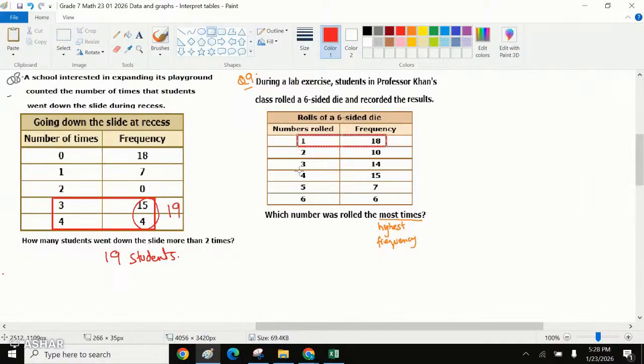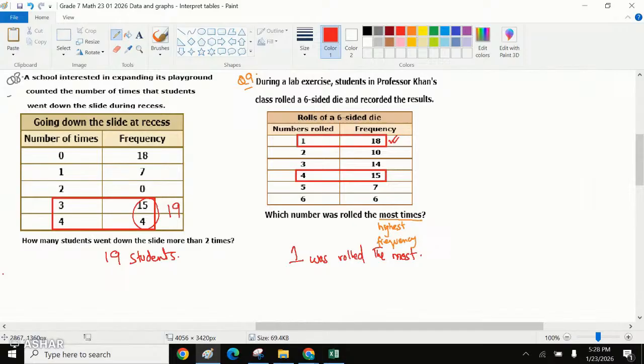Can we say this or we compare this, right? That means we say this was the highest frequency. So we can say 1 was rolled the most. Agreed? Because it has the highest frequency.